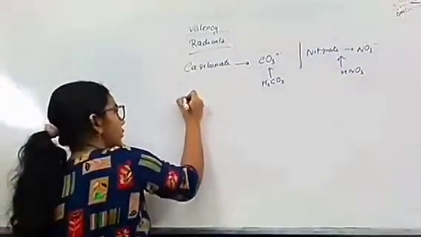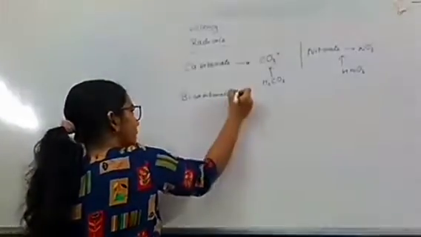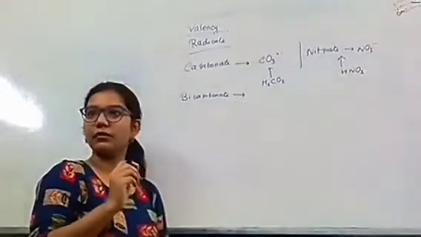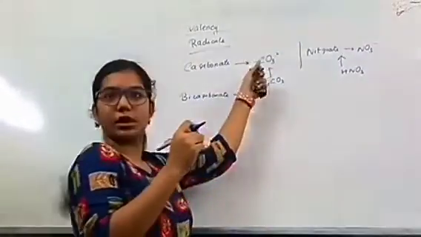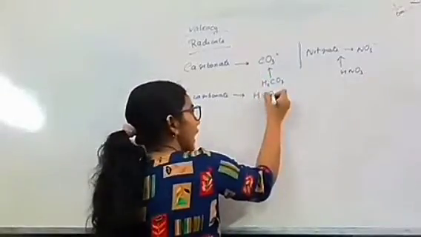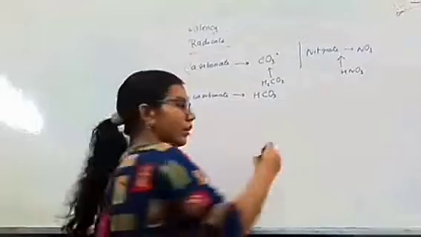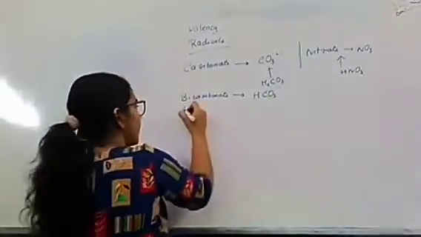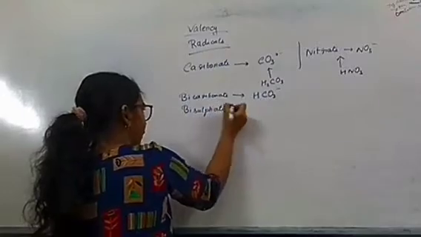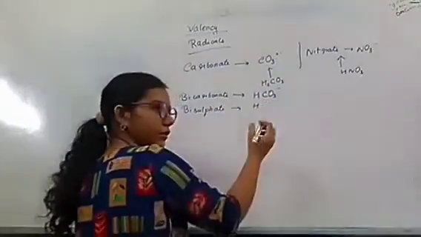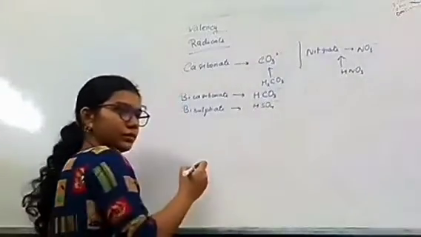Now, what does the word bi mean? Bi means H. Always remember bi. And carbonate is CO3 2 minus obviously. So whenever one hydrogen is introduced, then one charge is decreased. It will be minus. Similarly for bisulfate, one hydrogen is introduced, one charge is released.